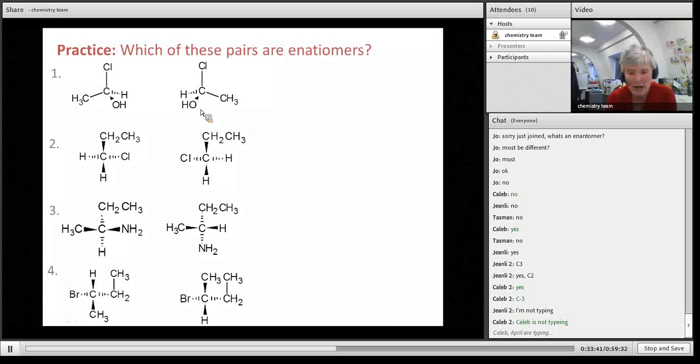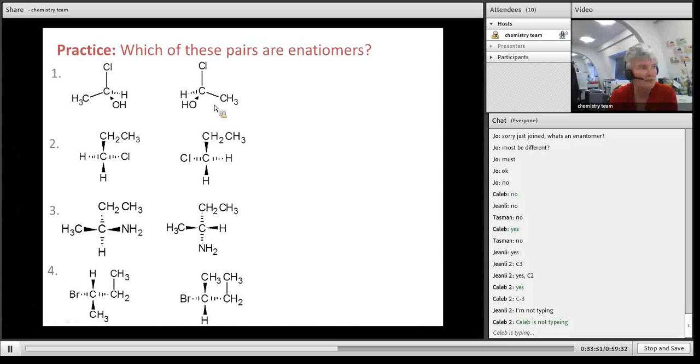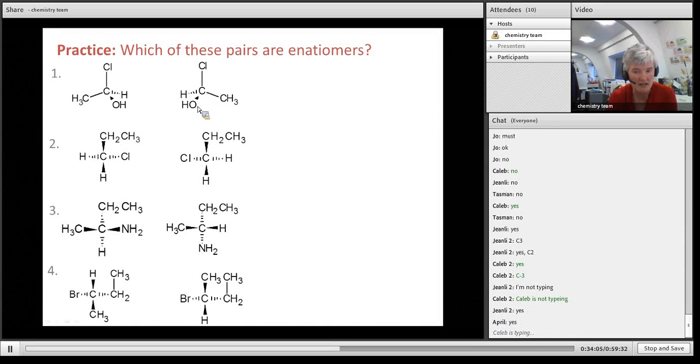It's really important, particularly for 3D, that the bonding line, so these wedges and so on, are between the bonding atoms. So here it's COH. Now do you notice I don't write OHC? Can you see it's HOC, because the O is bonded to the C, not the H.